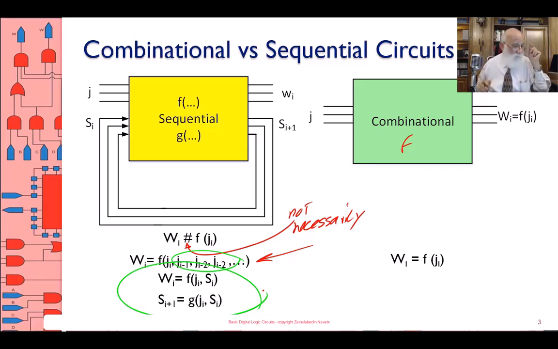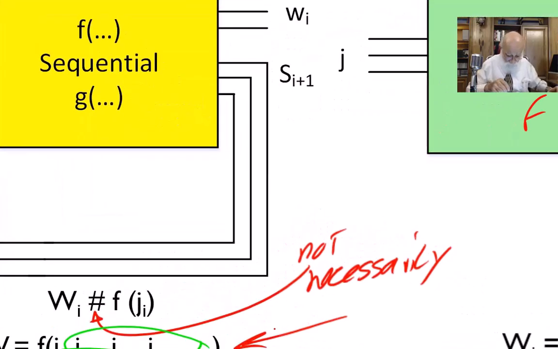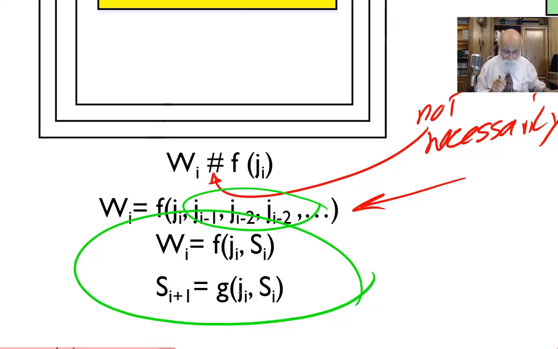That next state of the circuit, look at the plus I put here: S i plus 1 is a function of the present input and the old state of the circuit. If you just look at these two statements, I'm clearly talking about feedback.